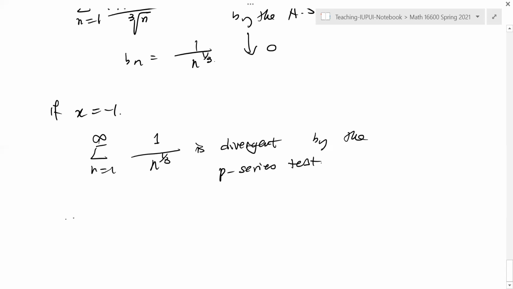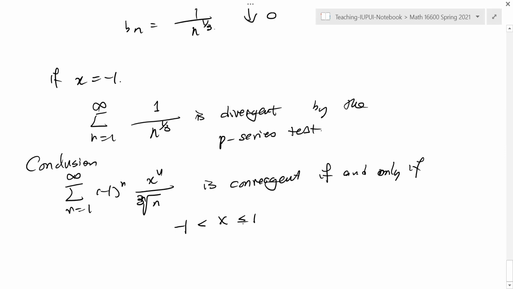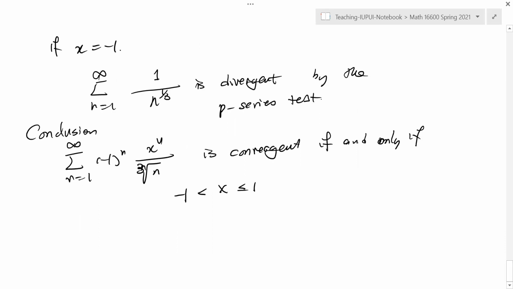I can tell that my conclusion is that this is convergent if and only if x is greater than -1 and less than or equal to 1, could be 1. And that's it.